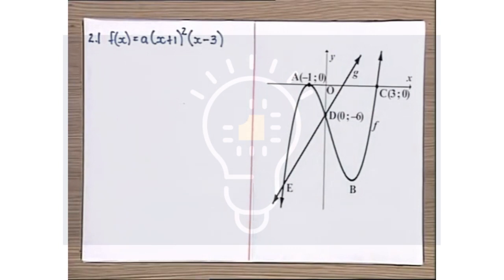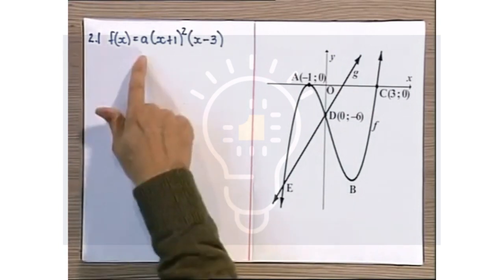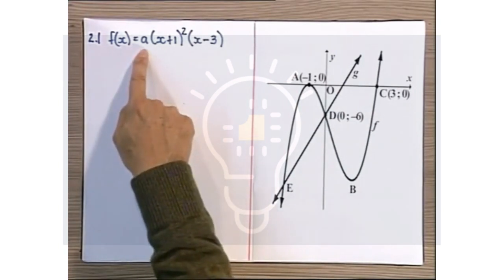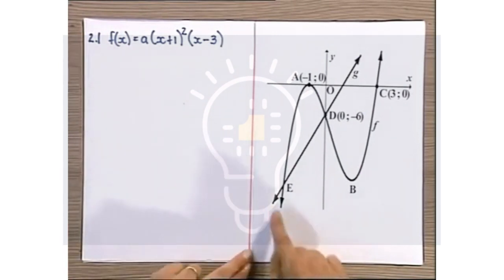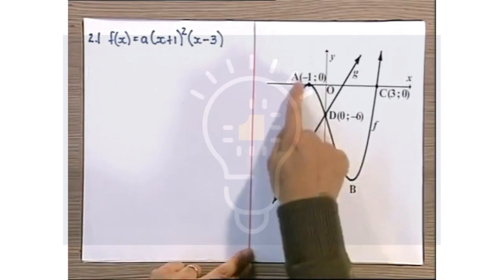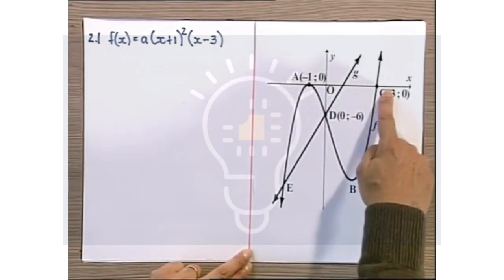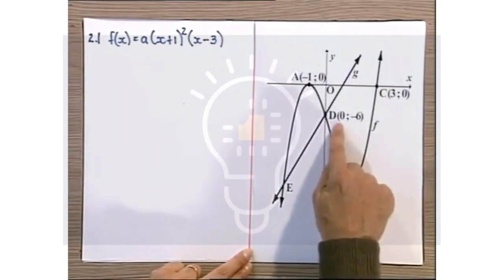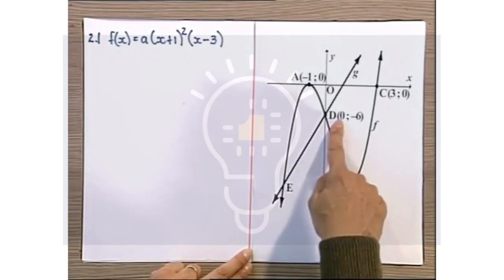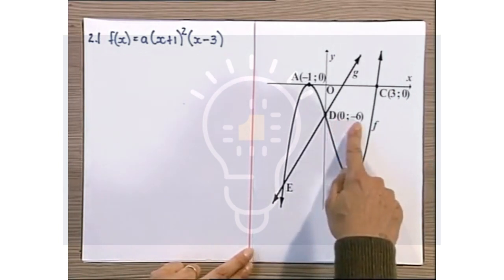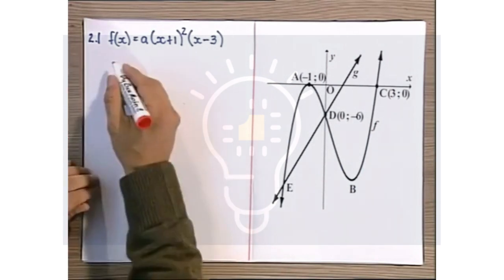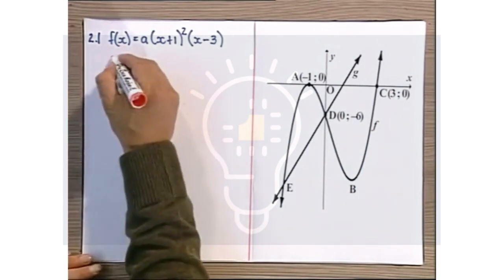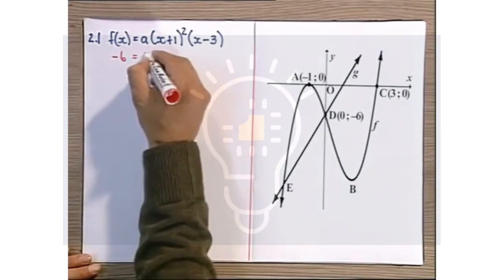Now, I need to go and find the a value. So how do we get a? We need to find any other value on the graph. So we use that. What other value do we have? 0 and minus 6. So the x value is 0 and the y value is minus 6. So if I need to substitute in there, we will have negative 6 equals a.